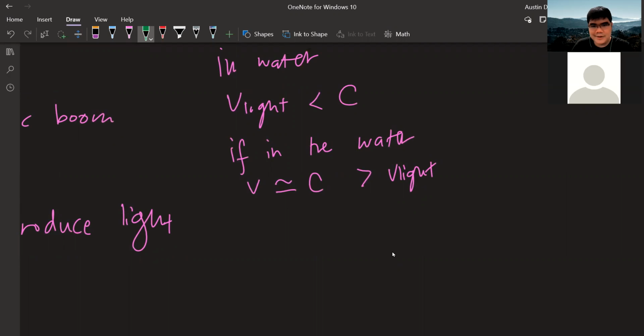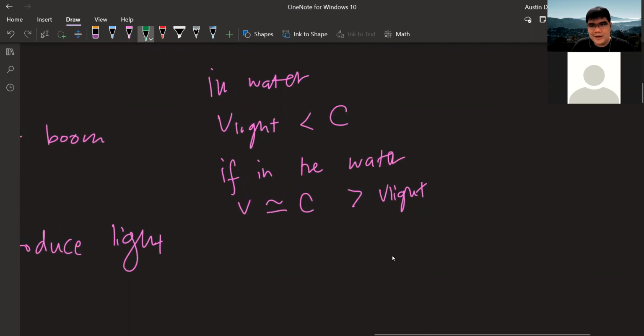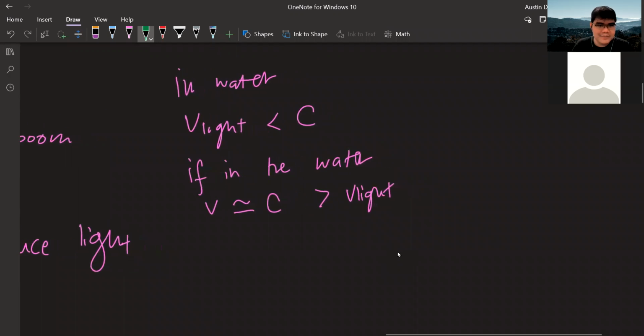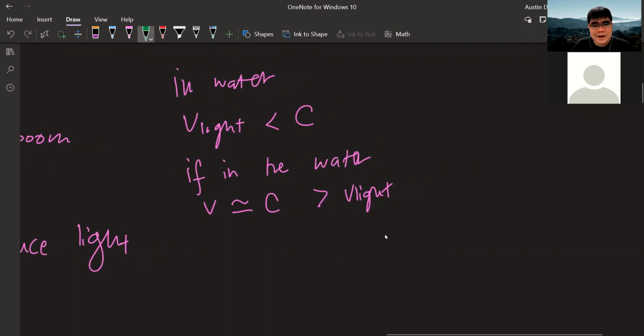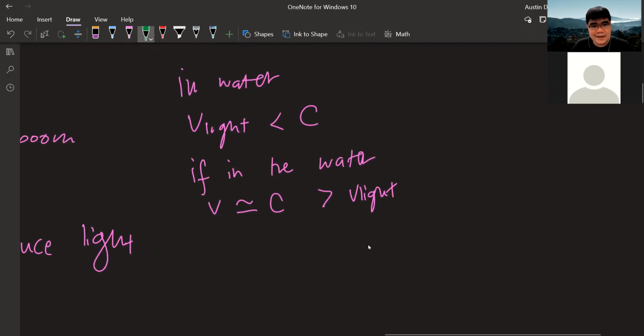So, yung alpha particles is just helium. Tapos, sometimes that helium particle exceeds the velocity of light in that water. Kaya nagpo-produce siya ng light, amazingly.